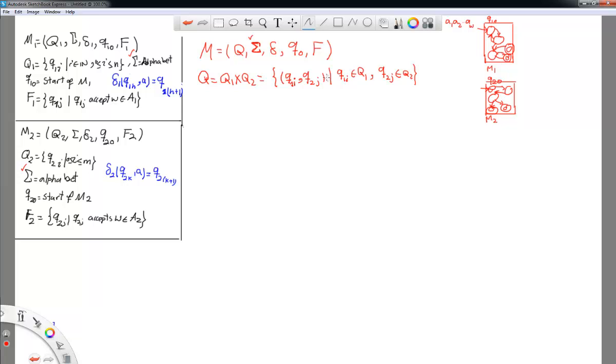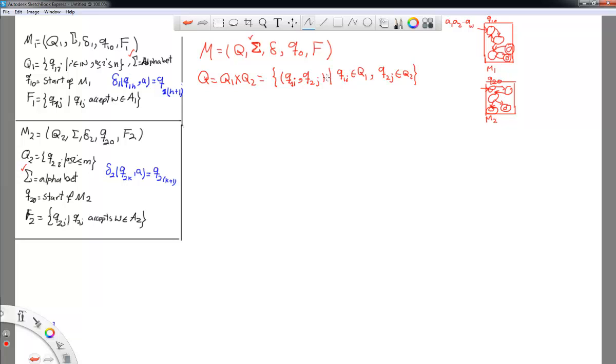Right? Now if I build my Q this way, then every state of M is a tuple, a binary pair that has one state from M sub 1 and one state from M sub 2. Therefore, if I build my transition function over these states, then that transition function is going to basically have inside of itself a transition for M sub 1 and a transition for M sub 2 side by side.